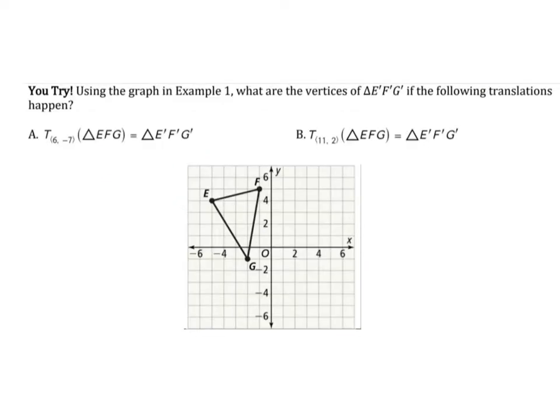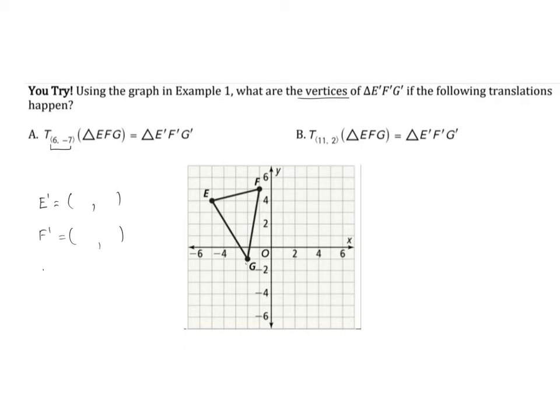All right. So now I'm gonna have you try it. So you're gonna use same triangle EFG, and what you need to do is translate here, and then just mark the vertices. So tell me where E prime is, where F prime is, right?